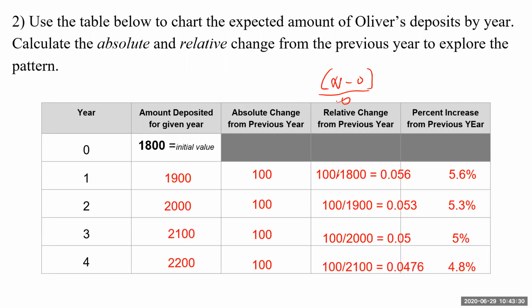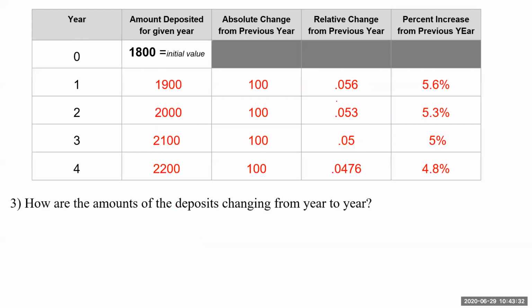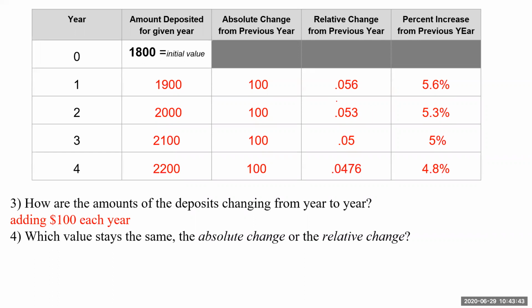Now, let's answer the following questions under the table. How are the amounts of the deposits changing from year to year? And you realize that they change by adding $100 each year, okay? Now, which value stays the same, the absolute or the relative change? And quite obviously, absolute change stays the same.